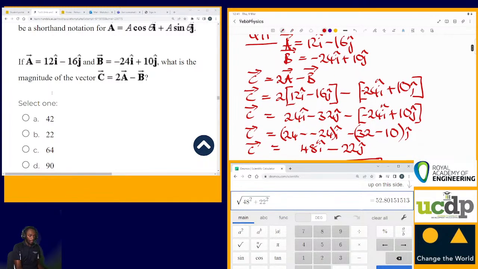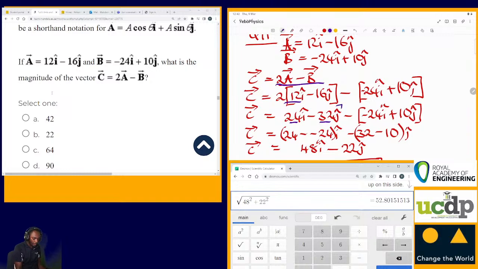Then we're looking for 2a minus b. So this is our 2a minus b. It's going to be 2 times that. We'll get 24, and 2 times that we'll get negative 32.